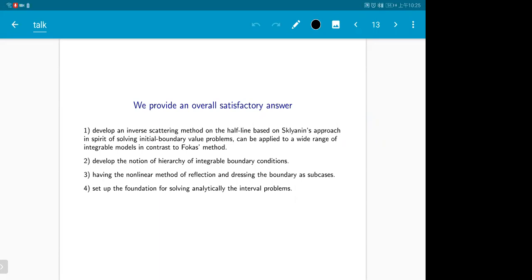We provide an analytic method, the inverse scattering transform, to solve this problem. We also develop a notion of hierarchy of integrable boundary conditions that we will show later. These methods can include what I showed previously, the nonlinear method of reflection and the boundary dressing method. We also set up the foundation for solving the interval problem, which was not known before.